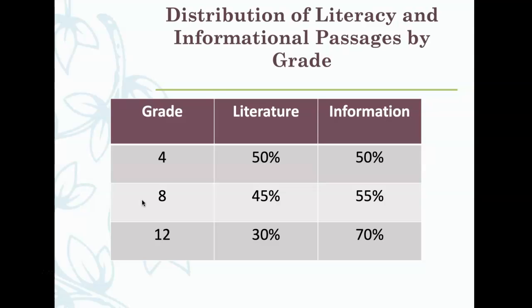And you can see as you go forward under the Common Core that number shifts quite dramatically, so that by the time you are in 12th grade, most of what you are reading is for information rather than reading a narrative or fiction text, whether it's a short story or a play or a novel.